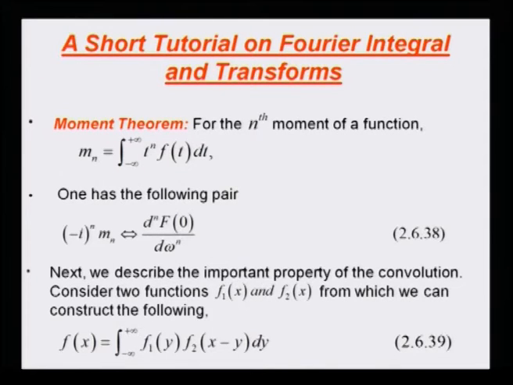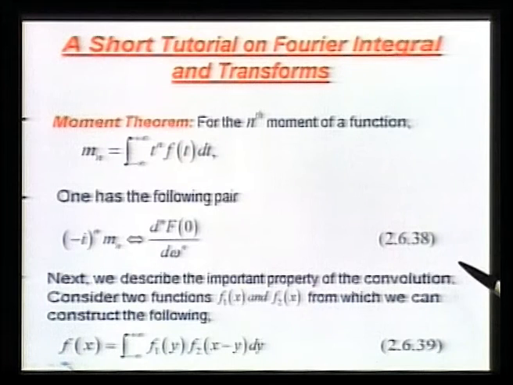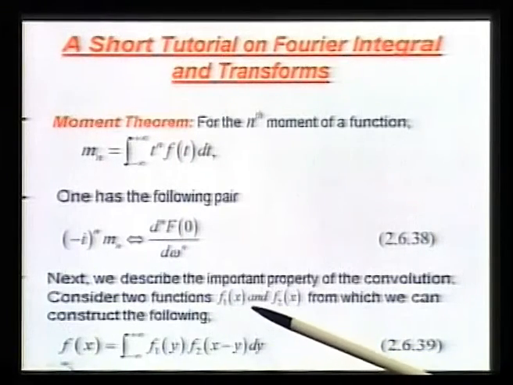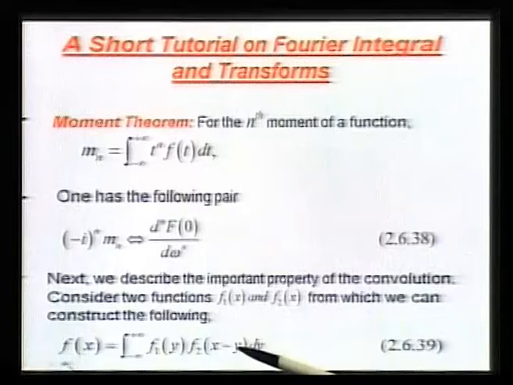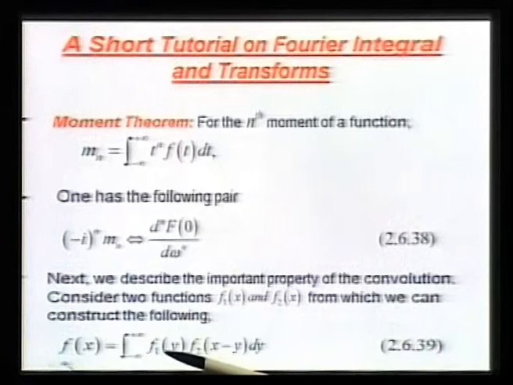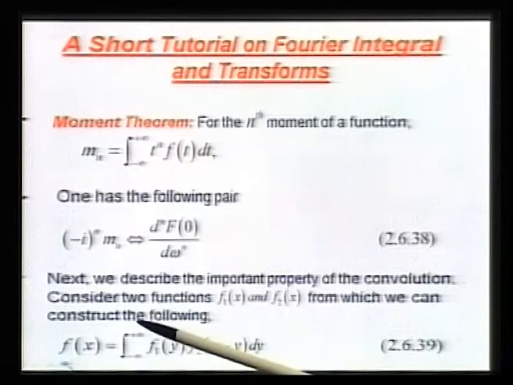Okay. Well, in the context of this moment theorem, we can talk about a quantity called convolution. What is convolution? Say I have two functions, f1 of x and f2 of x. Then I can construct a function f of x, which is defined like this. So, I take f1 of a dummy variable y and f2 whose variable is now x minus y, and integrate over all possible y's from minus infinity to plus infinity.